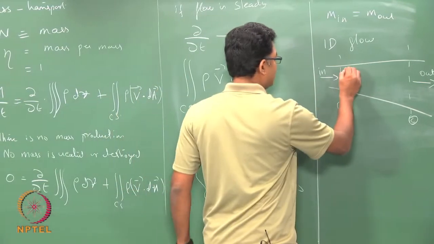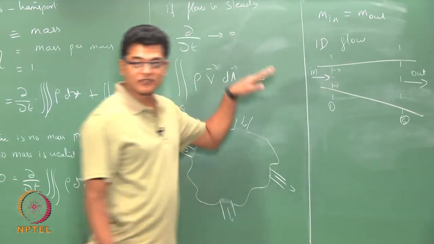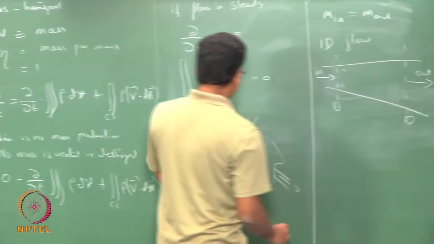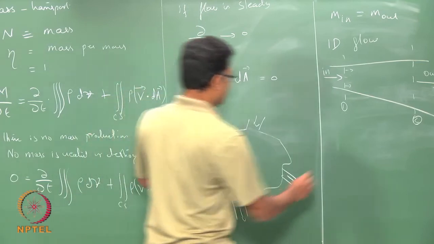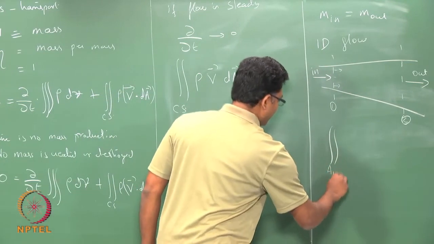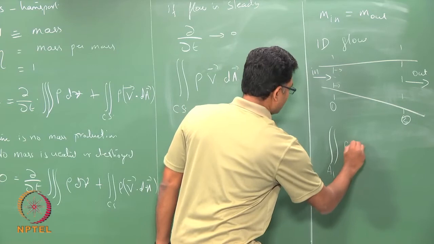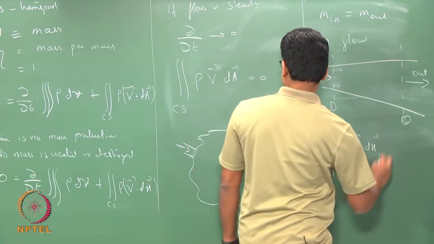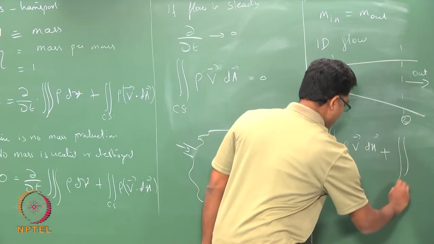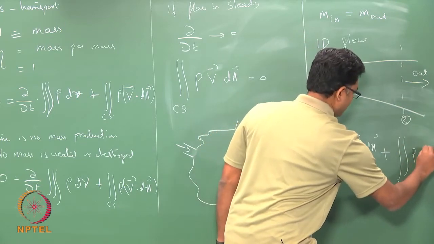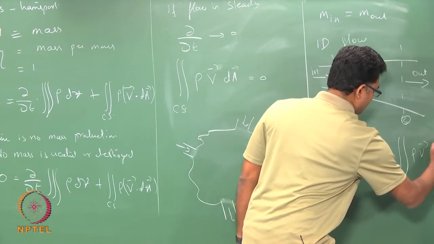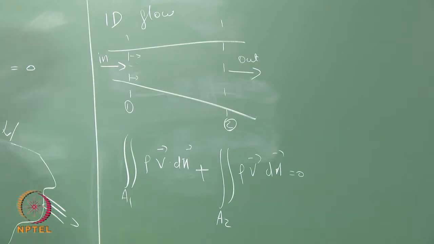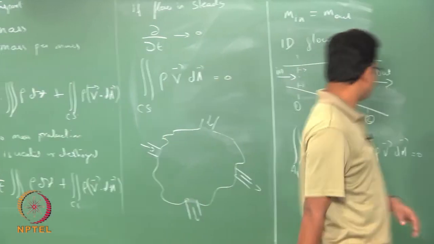So, the velocity here is the same as the velocity that is here, velocity is constant across the cross section. So, what I can write here is integral over A1 rho V1 dA1 plus integral over A2 rho V2 dA2 equals 0.